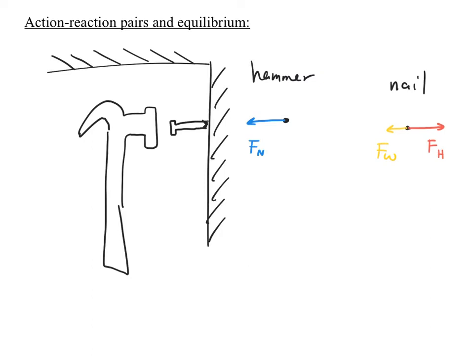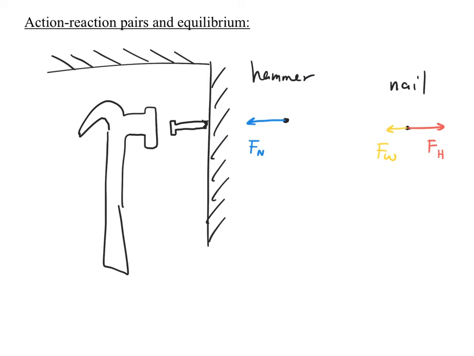This is because FH is greater than FW. The hammer hitting the nail is stronger than the wall hitting back on the nail. Sure, the nail still hits the hammer back with the same force it applied. FH is equal in magnitude to Fn. They're the same thing. If FH is 10 newtons, Fn, feeling the pushback, is 10 newtons.